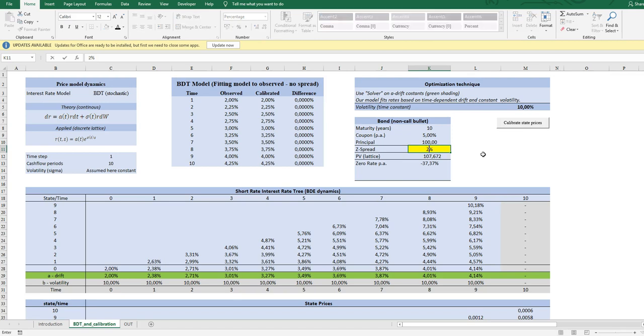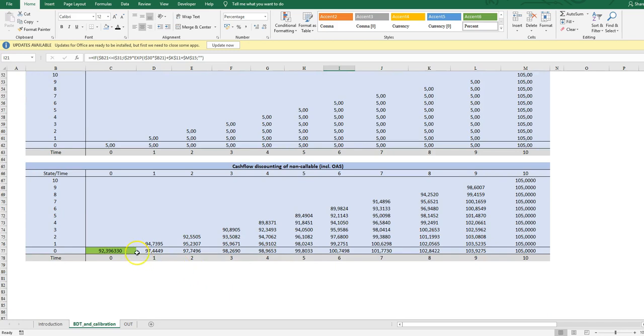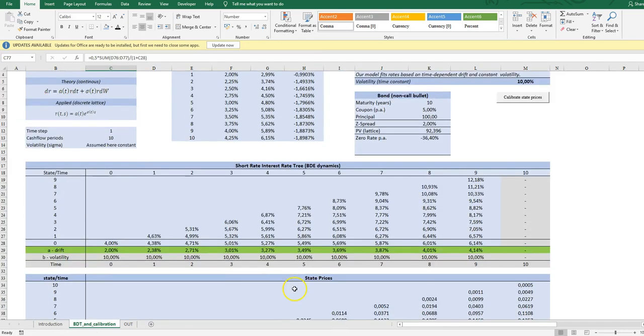Say for instance I put 2% on, and you will see it moves upwards in parallel with 2% all the way, and the discounting will take place down here.